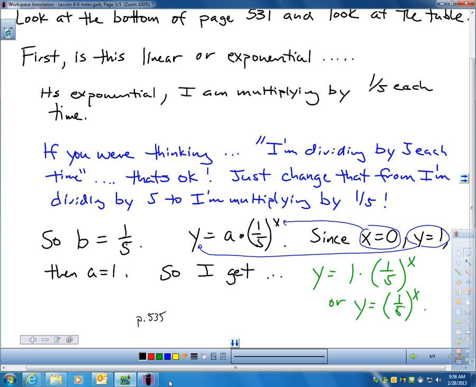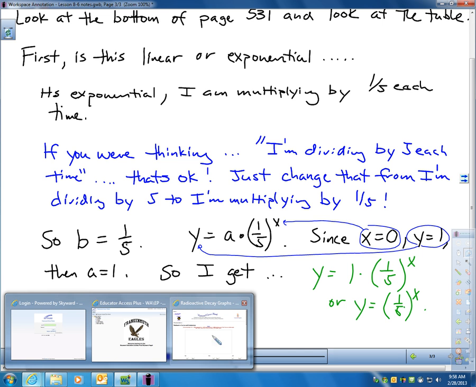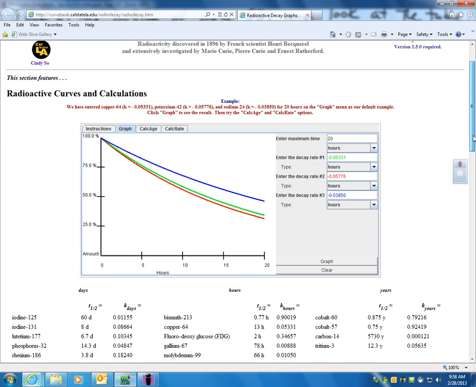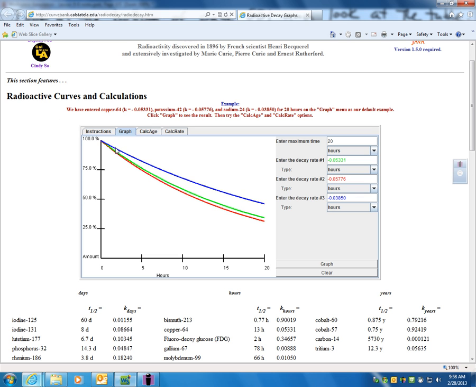Before I turn this off, I wanted to give you one quick real-life example of where you would see exponential decay, and I just typed in a little search, exponential decay graphs. With the growth, I showed you money, and here would be a good exponential decay example, and it's radioactive decay curves and calculations. You can see it here: radioactivity decays in an exponential manner, an exponential decay curve.